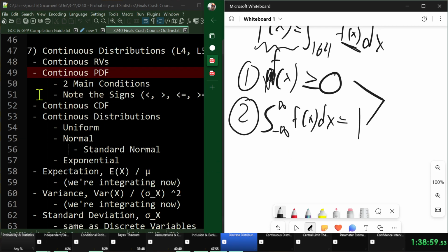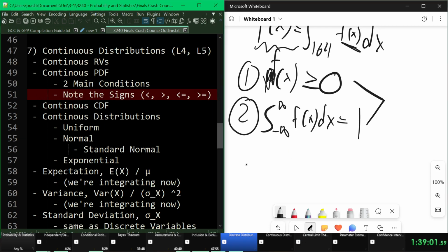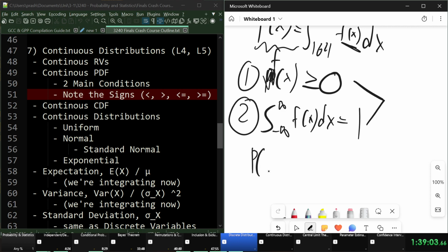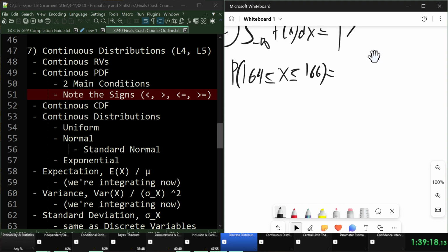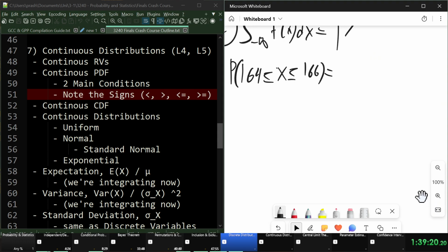Just a quick side note, regarding the signs, let's say we have our example from earlier, 164 to 166. Because we're talking with continuous variables, and we mentioned earlier that it doesn't make sense to have probability at a single point, only for continuous variables it is okay to discard or add the equal signs.